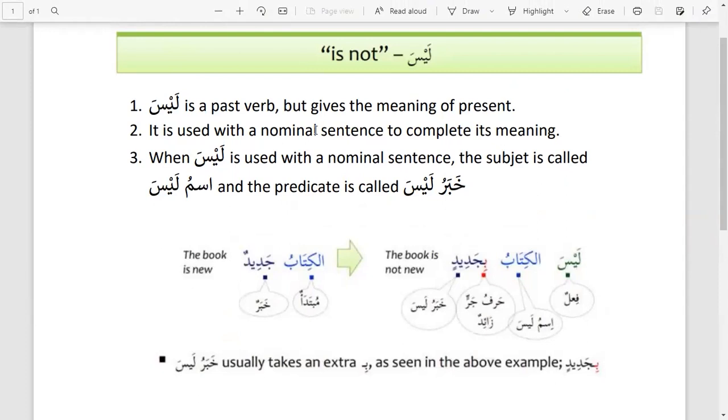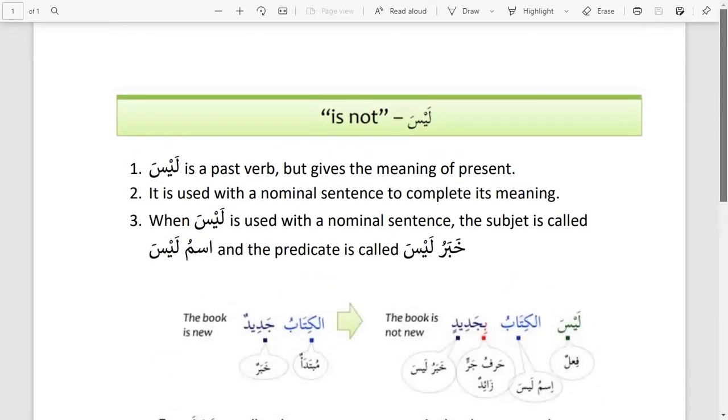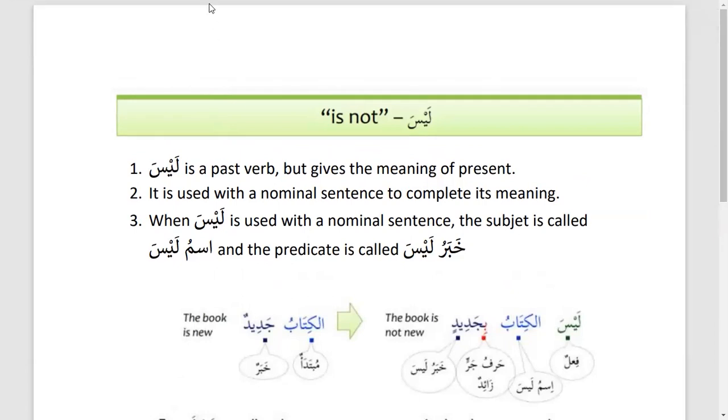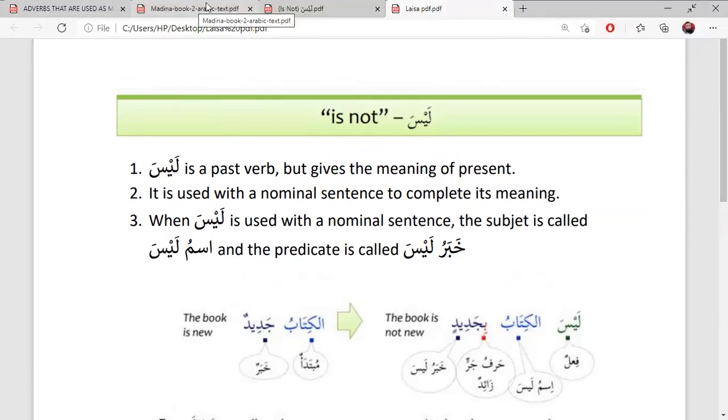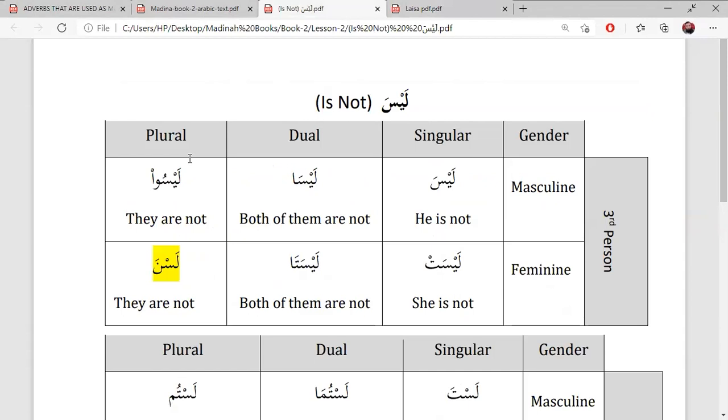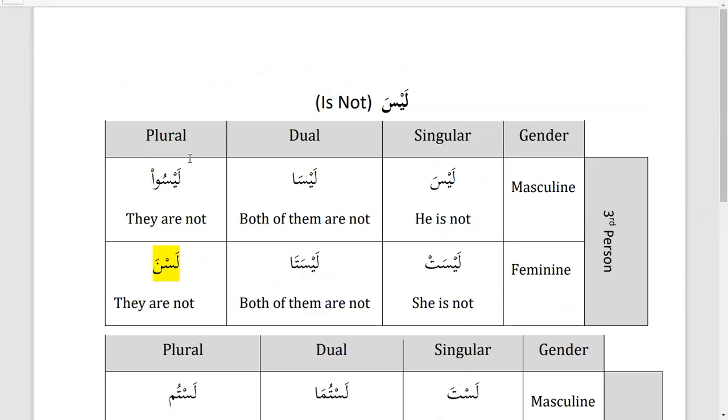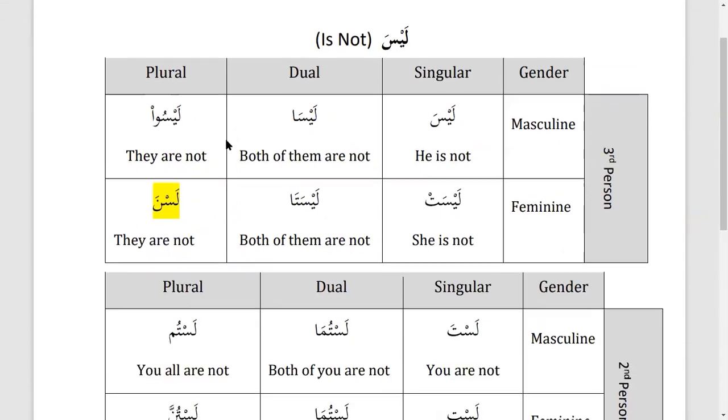All right, so I think now we can move on. I sent you one PDF file, if you are able to have a look, which consists of the conjugation of the verb laysa. Honestly speaking, if you can memorize just one conjugation of the past tense, you will be able to understand or learn many of the verbs.